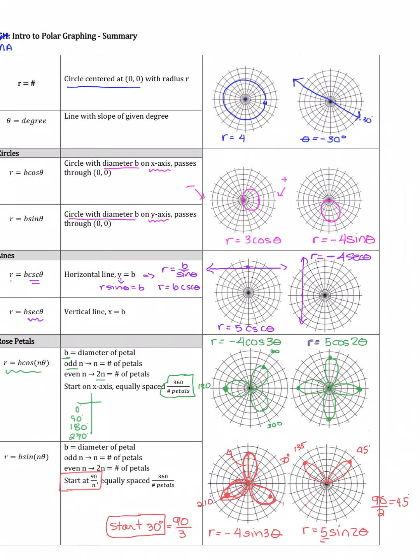And I'll be down here at 225. And over here I will be at 315. So basically 360 divided by 4 is 90. So they're all 90 degrees apart. You start at 90 divided by n. And then you count from there. All right?